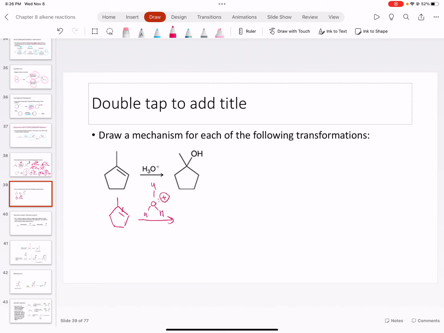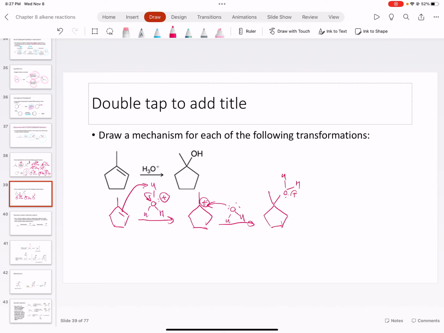Okay, perfect. So I take a hydrogen from there. I know that my hydrogen will go on the least substituted. And then I can use that water to do my nucleophilic attack.